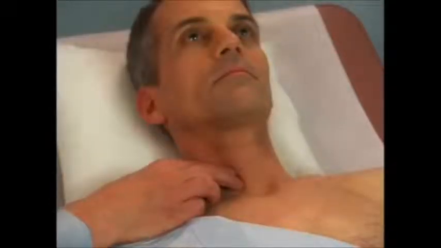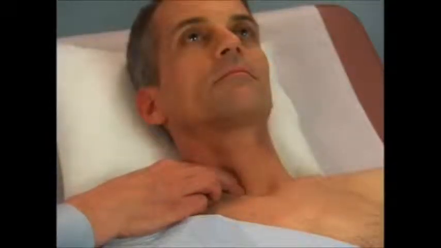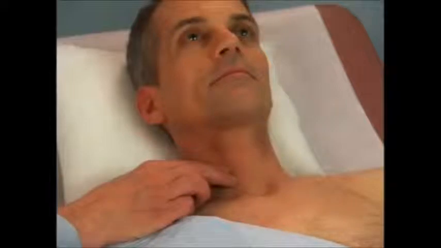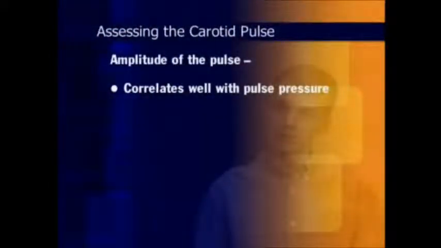Slowly increase pressure until you feel a maximal pulsation. Then slowly decrease pressure until you best sense the arterial pressure wave and contour. Try to assess the amplitude of the pulse. This correlates reasonably well with the pulse pressure.